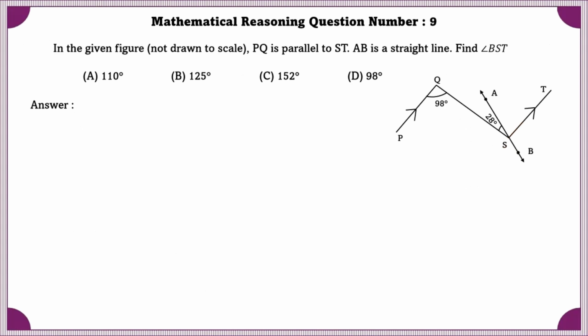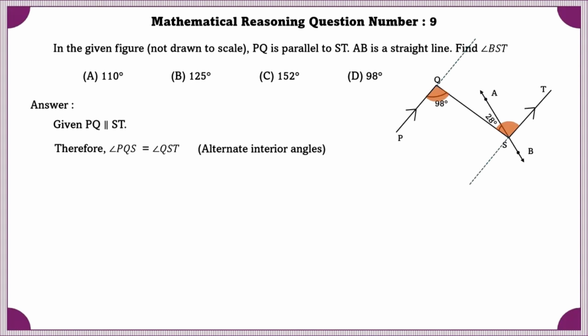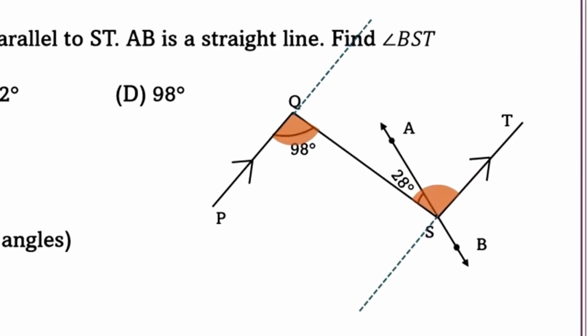Mathematical reasoning question number 9. In the given figure not drawn to scale, PQ is parallel to ST. AB is a straight line. Find angle BST. Given PQ is parallel to ST. Therefore, angle PQS is equal to QST, alternate interior angles.